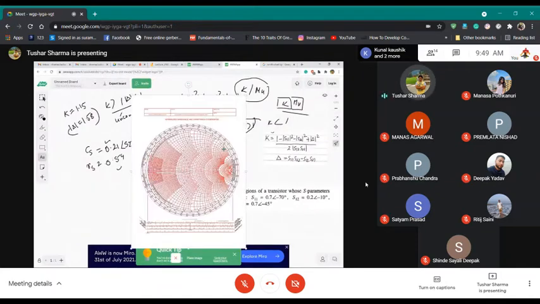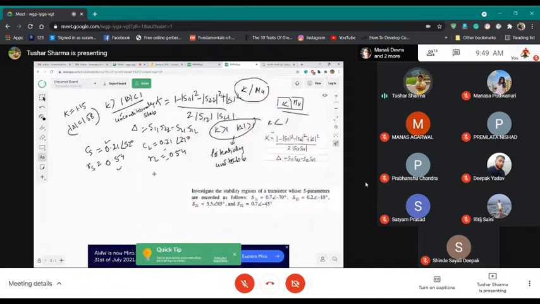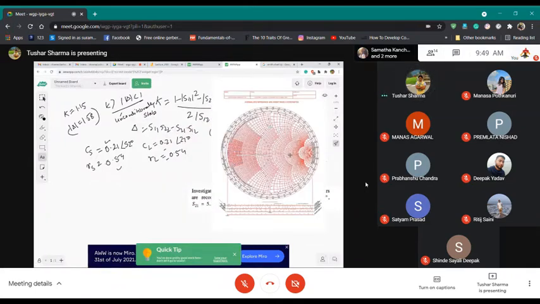Now I will try to plot this CS center and these two circles. This center was 0.2 angle 52. So from here, 0.2 is this much, a small radius.